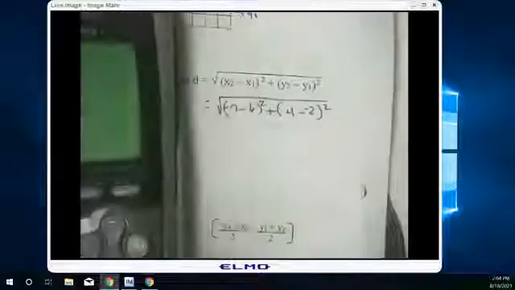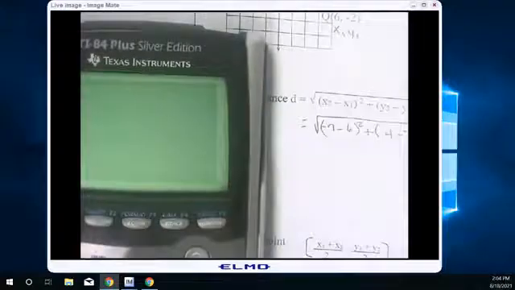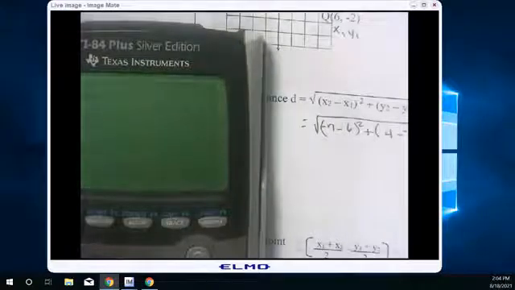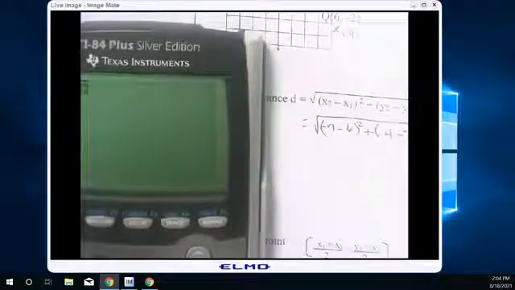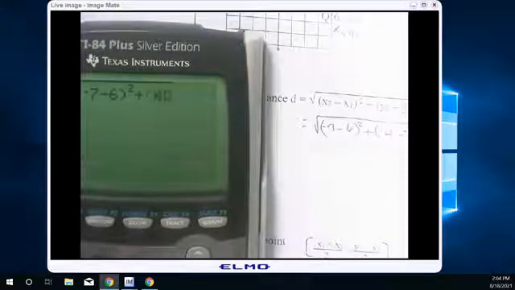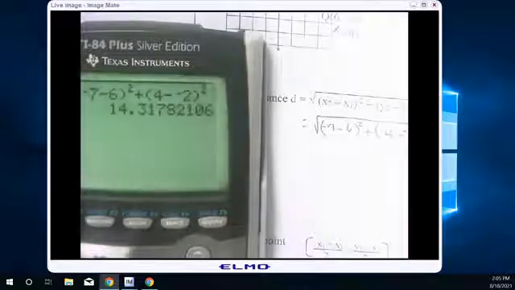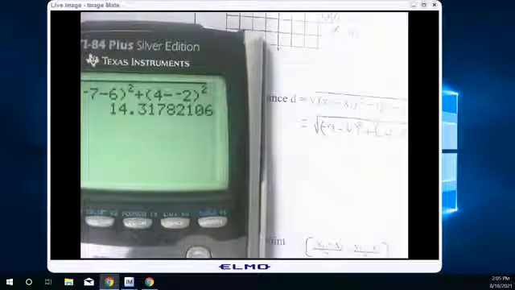Don't waste your time doing it in two separate steps. The square root, parenthesis, negative 7 minus 6, close parenthesis squared, plus 4 minus a negative 2, quantity squared, enter. Everybody good?